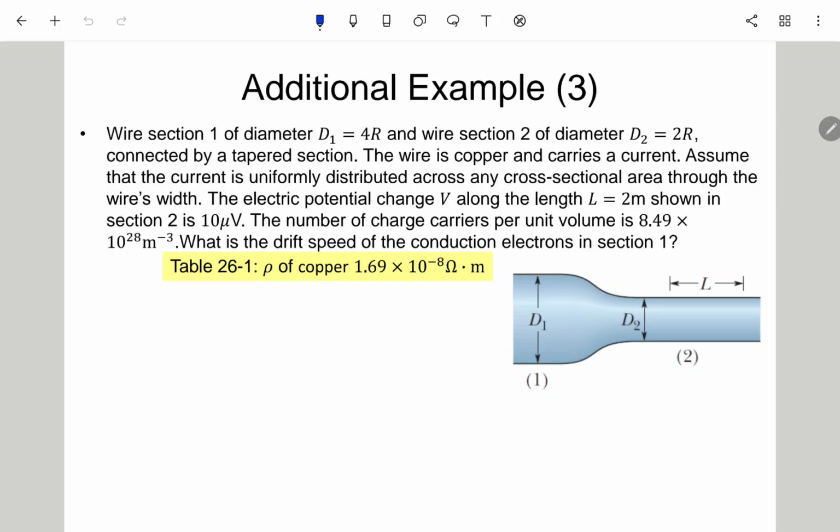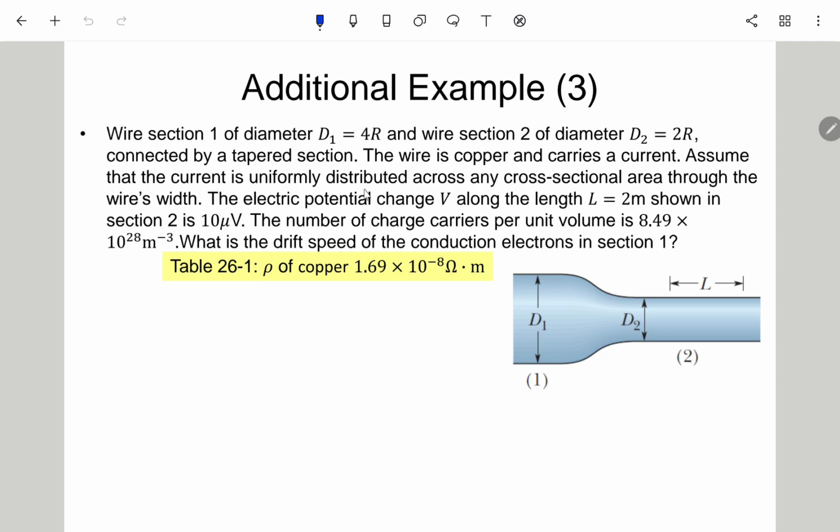Okay, so here we still have the final one to finish this chapter off. It says wire section 1 of diameter D1, and wire section 2 of diameter D2, connected by a taper section. The wire is copper and carries a current.